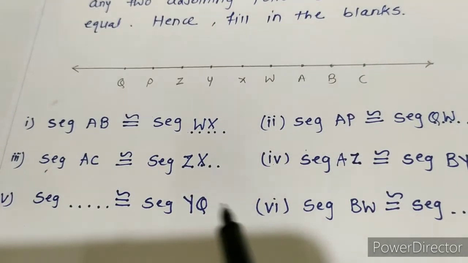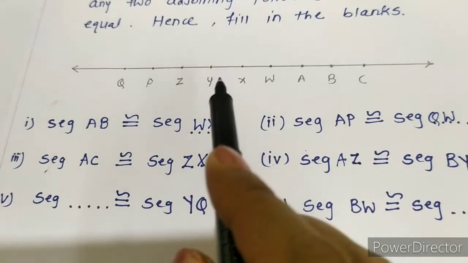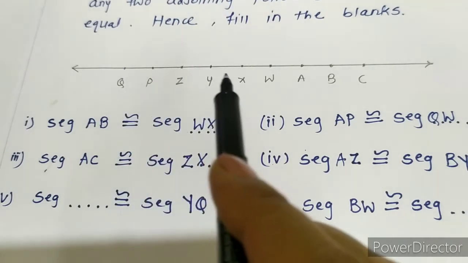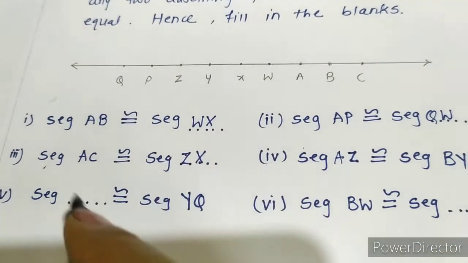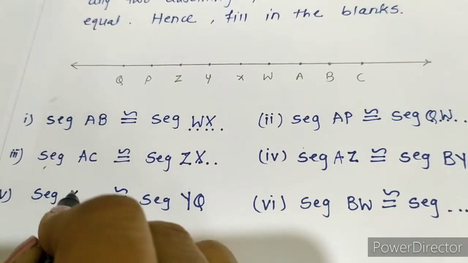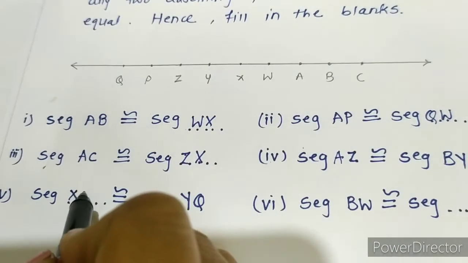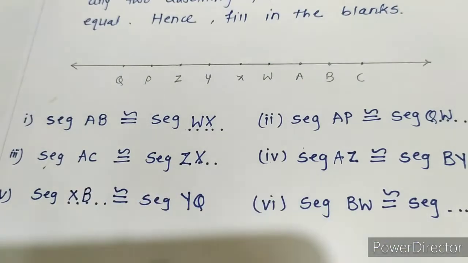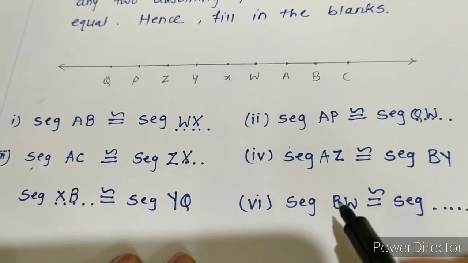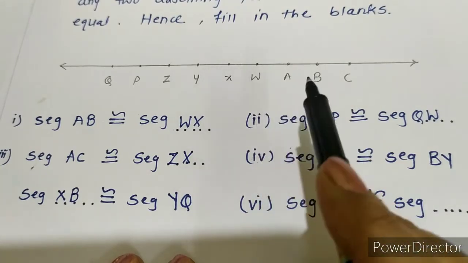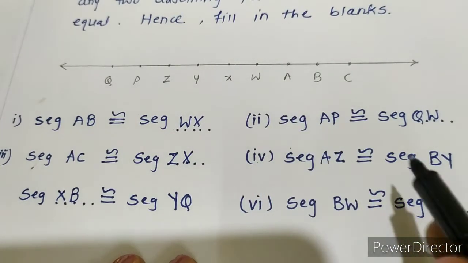Next is YQ. Between Y and Q, the distance is 1, 2 and 3 units. So I'll take another point X, and from X 3 units, 1, 2 and 3, it will be B. So XB. The last one, segment BW. You see here BW, the distance is 2 units.